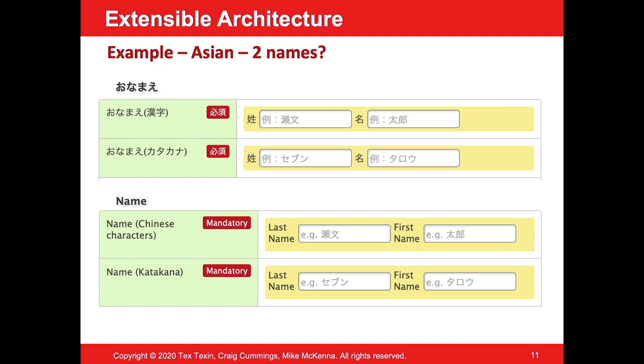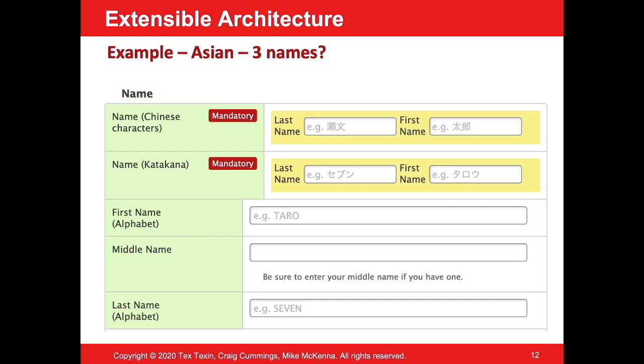But what if you have users that also need to onboard who don't have a Japanese name? Then you may need to have three name fields to enter. Potentially the Japanese name, the pronunciation of the name, and the Western name, or Latin name, as it would appear in a passport.